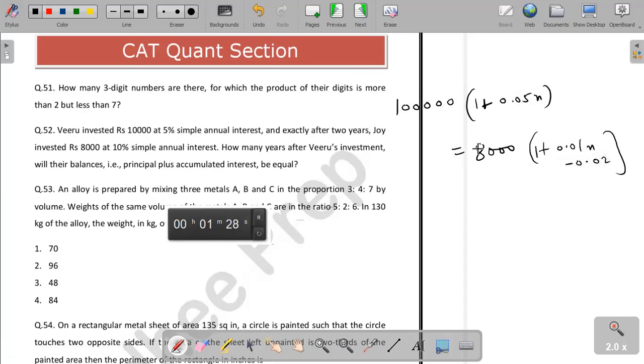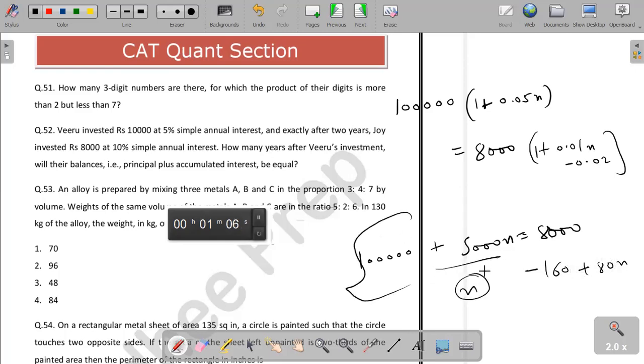Okay, if I open the bracket, 1 lakh plus 5,000 n is equal to 8,000 minus 160 plus 80 n. So this should be the answer, and we will get n from this.